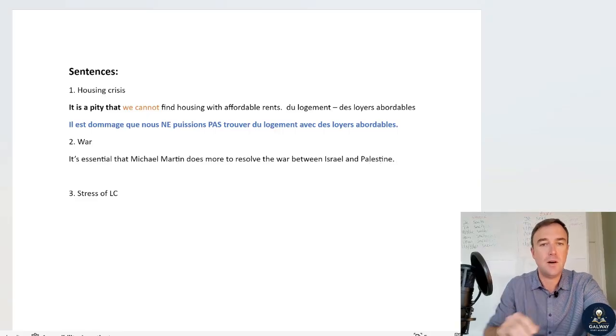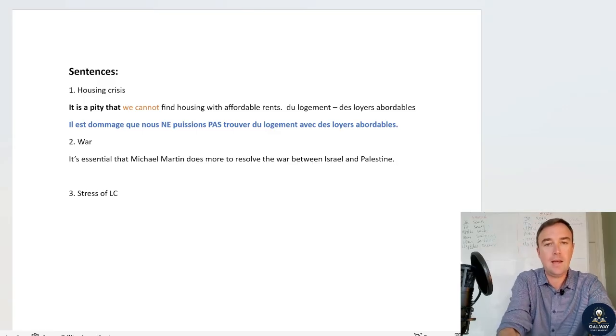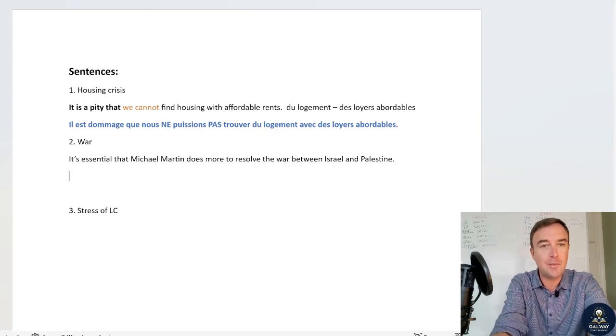It's essential that Micheál Martin does more to resolve the war between Israel and Palestine. Or you could just change Micheál Martin to the Irish government. Maybe I'm putting too much weight on his shoulders there. You might be thinking, well, what can Micheál Martin do? Right, hit the pause button. Try your best to translate as much of that into French as you can.